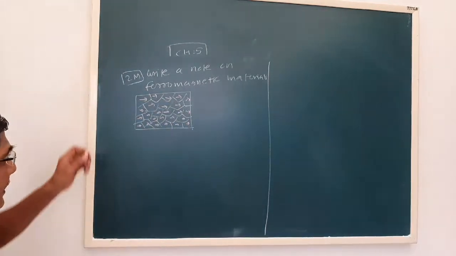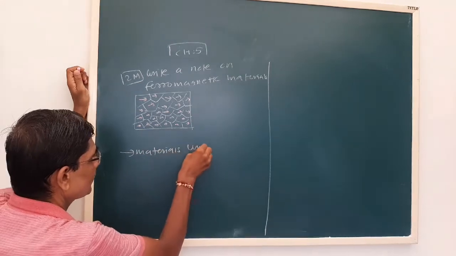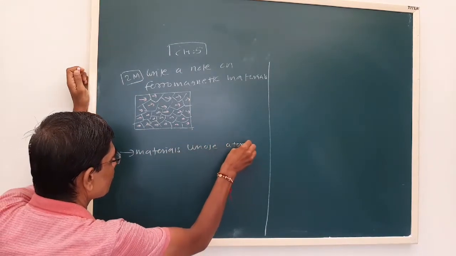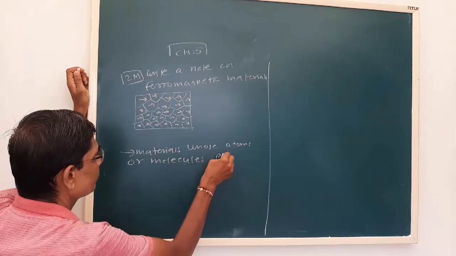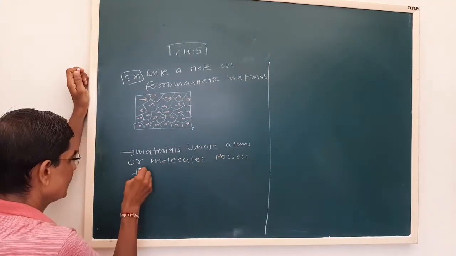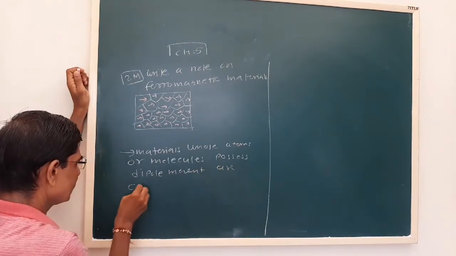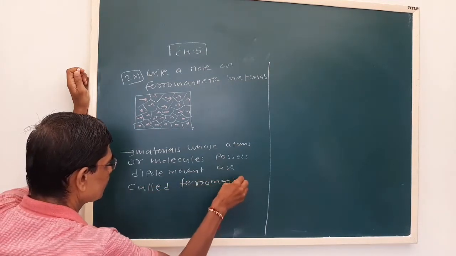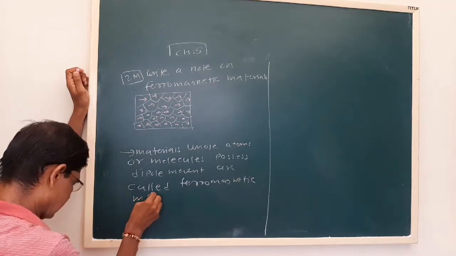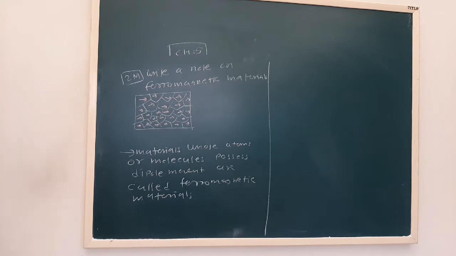So we can write like this: the materials whose atoms or molecules possess dipole moment are called ferromagnetic.